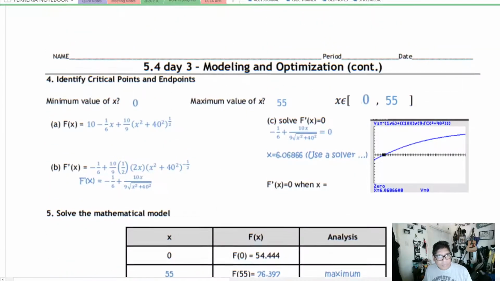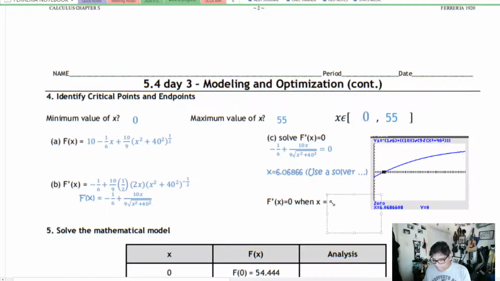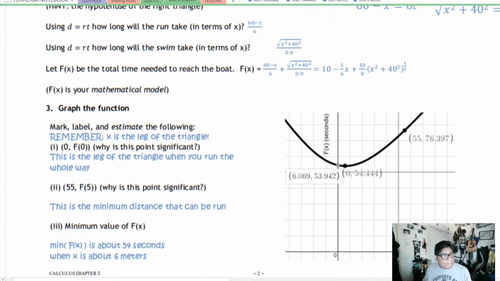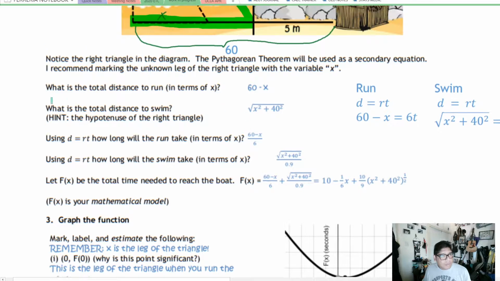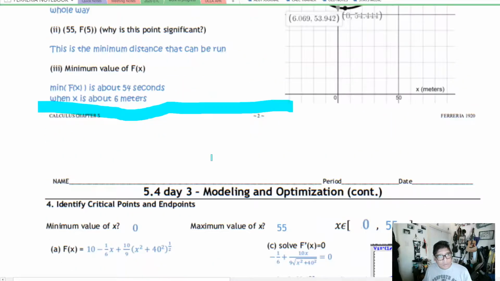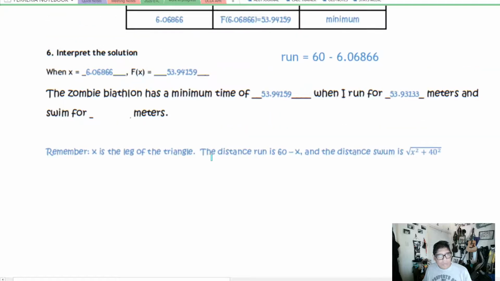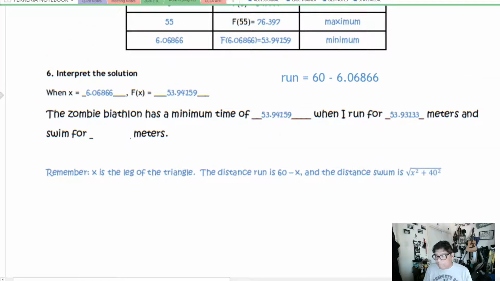Well, coming back up, the swimming distance was right here. What was the total distance that we swam? It's the square root of x squared plus 40 squared. So coming back down over here, how far did we swim?